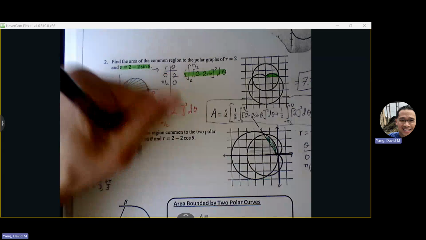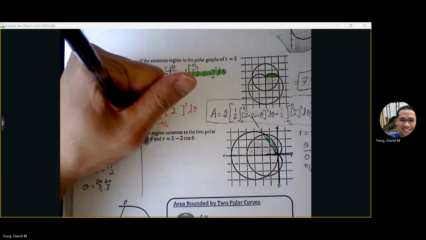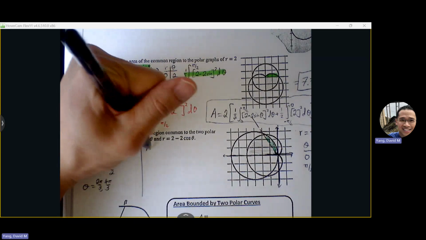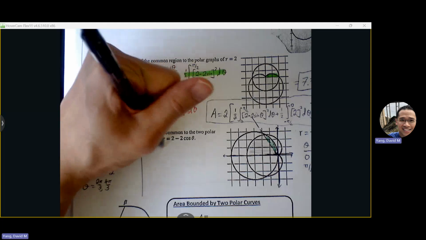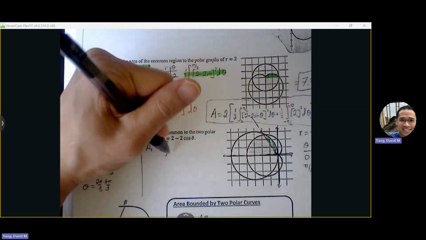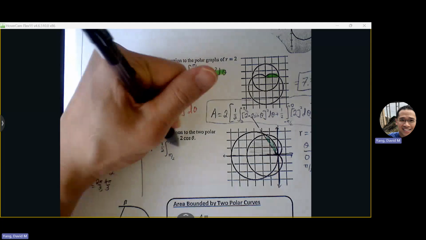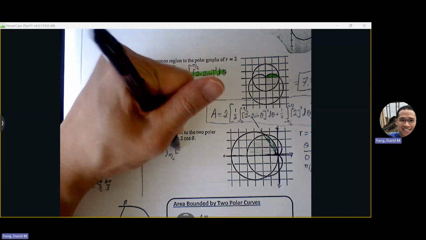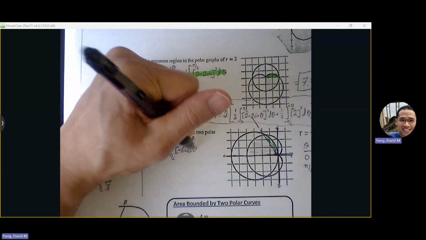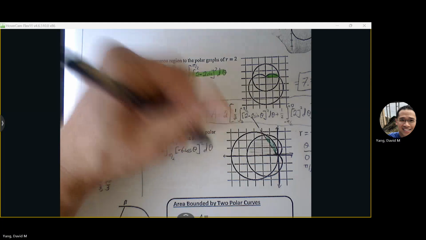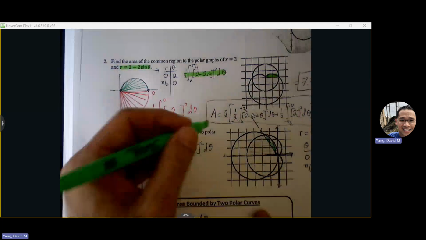So for the cosine portion here, area sub 1 is 1/2 integral from pi/2 to 2 pi/3 of my circle, -6 cosine theta squared, d theta. So this is my region in green.